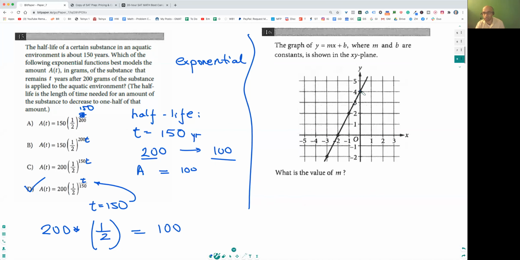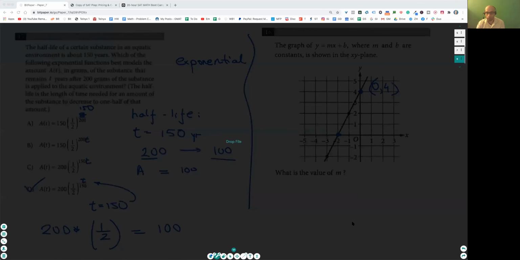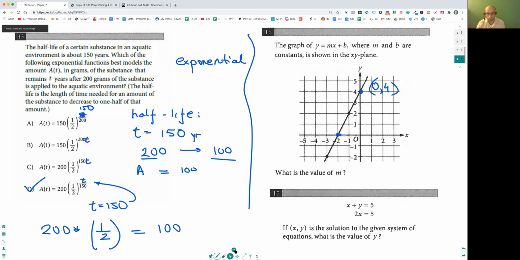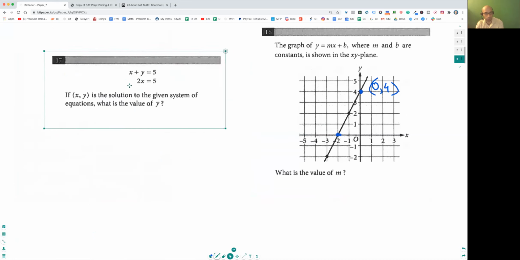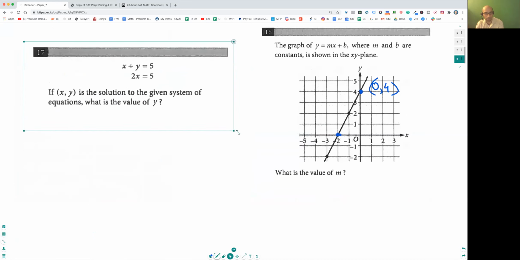You're going to take this point here and this point here, and then y2 minus y1 over x2 minus x1. What are the coordinates here? 0, 4. And by the way, those who have solved this one, move on to the next one. I'm just going to post it over here for you. Let's get rid of this. And of course, there's a recording of this. So try number 17.